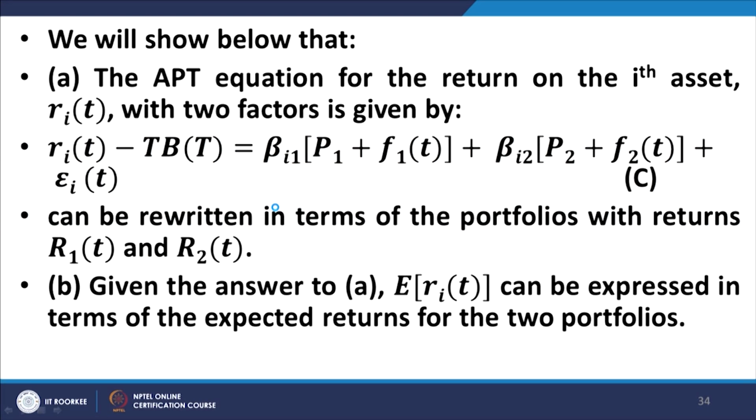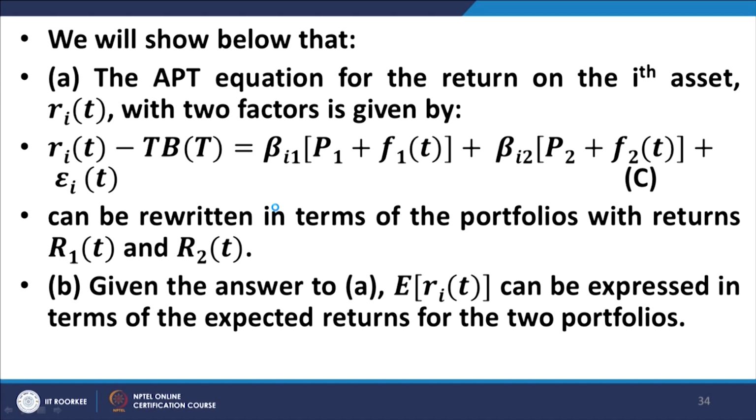The APT equation for the return on the ith asset can be rewritten in terms of the portfolios with returns capital R1t and capital R2t. These are the returns on the given portfolios. In other words, the return on an arbitrary security i, which can be written in terms of the APT as equation C, can also be written now in terms of the well diversified portfolios 1 and 2, whose returns are given by capital R1t and capital R2t.